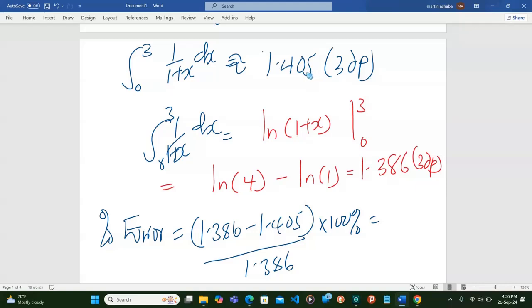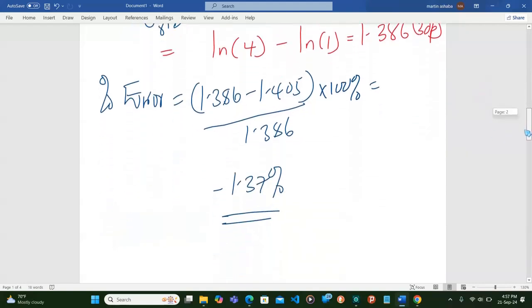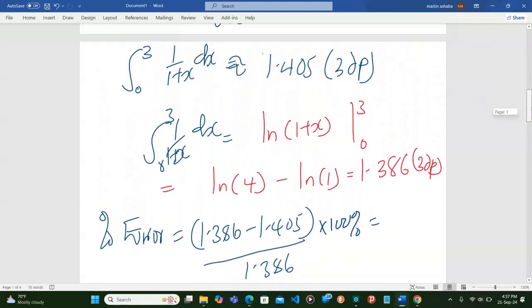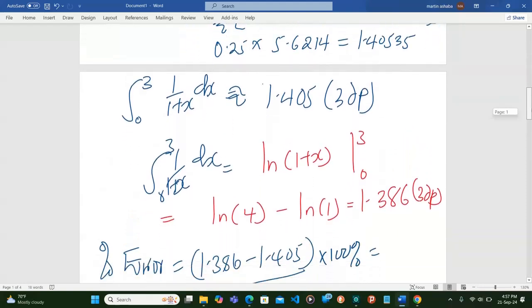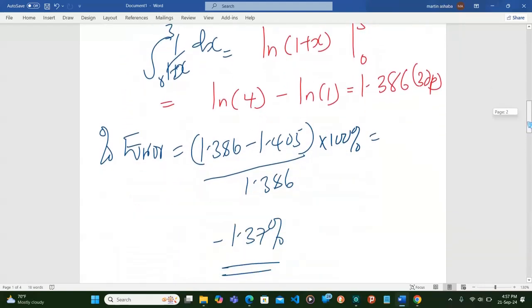So that would be an error due to rounding off, but it would be bringing you closer to the result that we want. So as you have already seen, the trapezium rule or any other numerical integration gives you an approximate value of the integral. It does not give you the exact one.